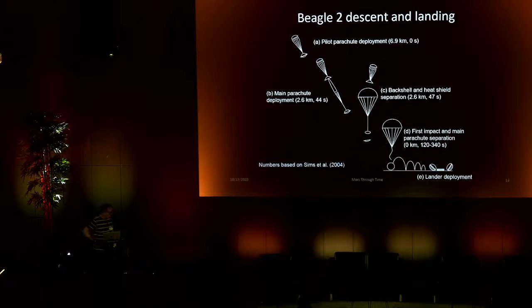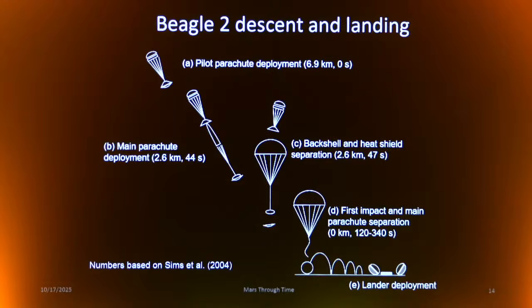So this is the landing sequence for Beagle 2. We obviously didn't have any ground track data from the landing. All we had was the HiRISE image of the different pieces of hardware.